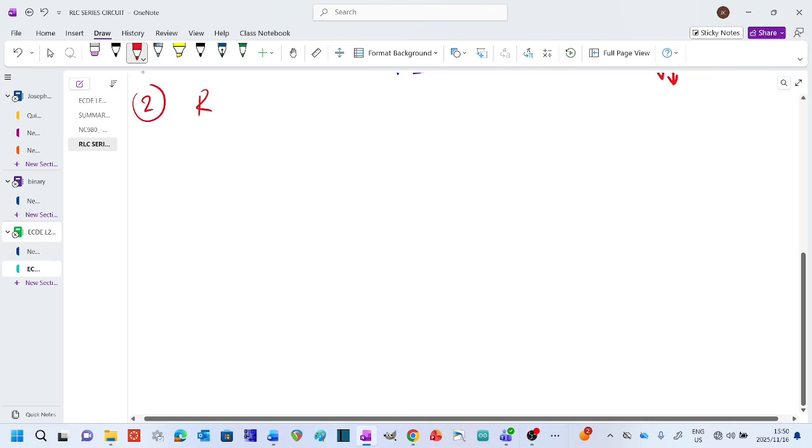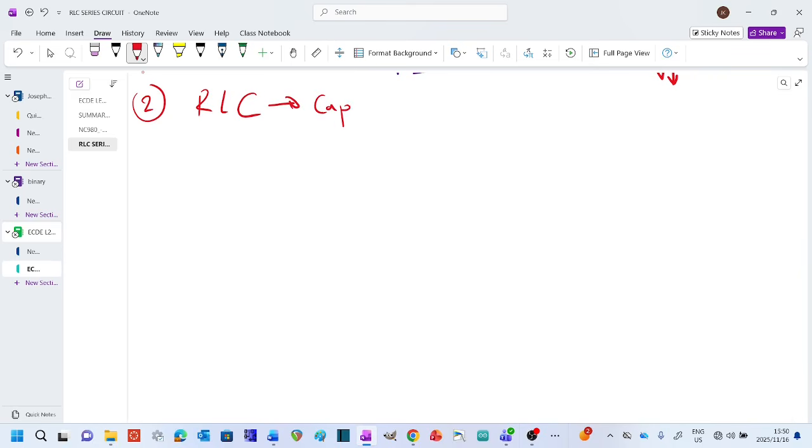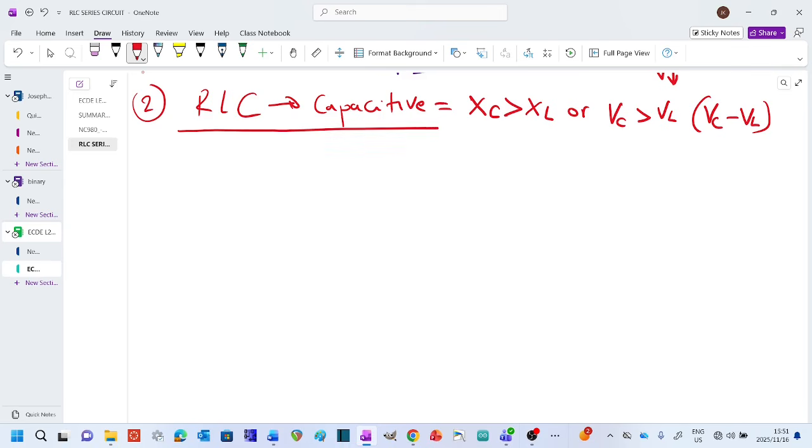If R, L and C produce a capacitive circuit, what does that mean? It means that XC is greater than XL, or VC is greater than VL. So already you know that the vector is called VC minus VL. So we are dealing with a capacitive circuit.